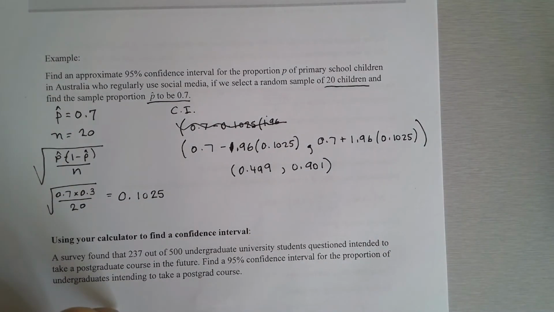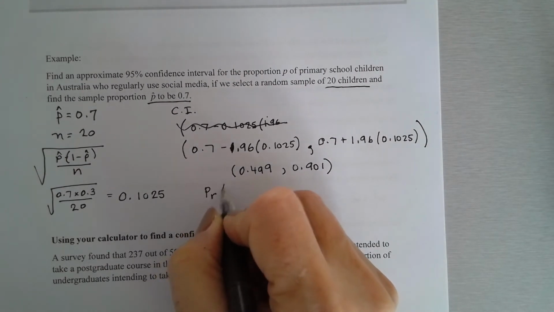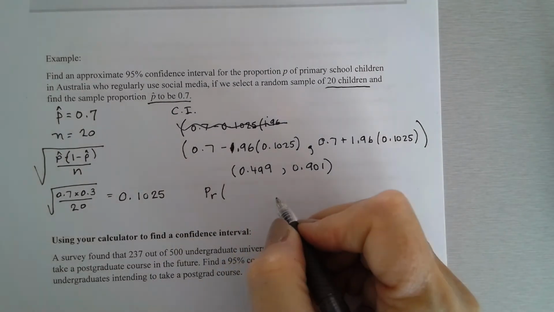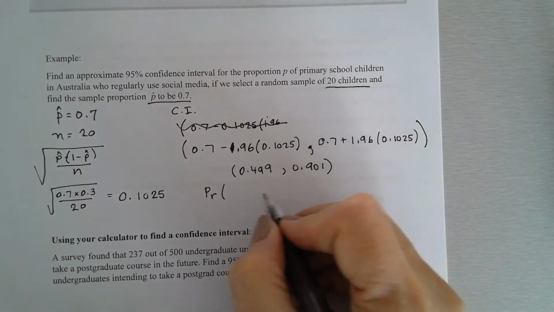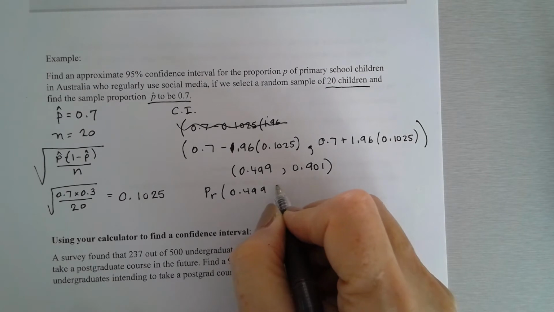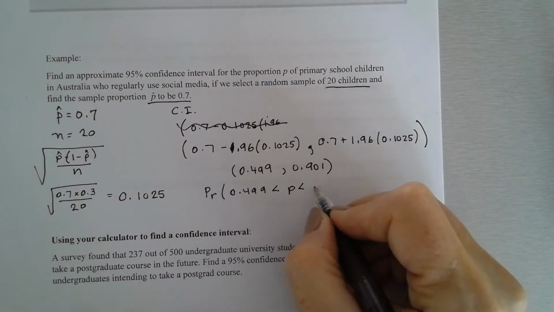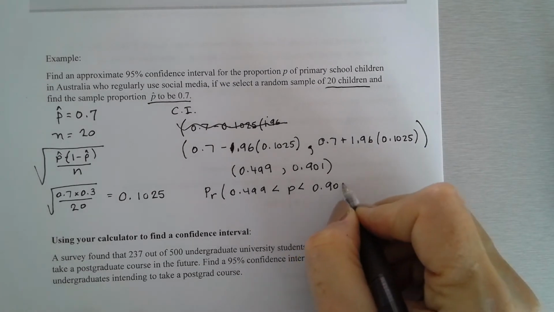I'm just going to pause for a second while we all agree that the probability that P, I'm talking about P, the real P, right? I'm trying to make some decisions about where P is.